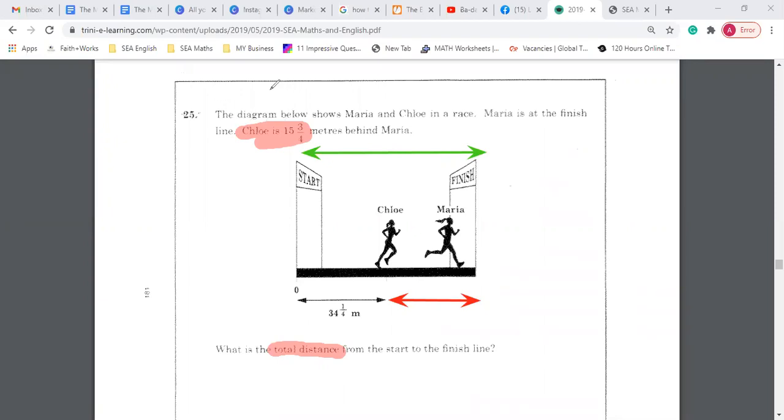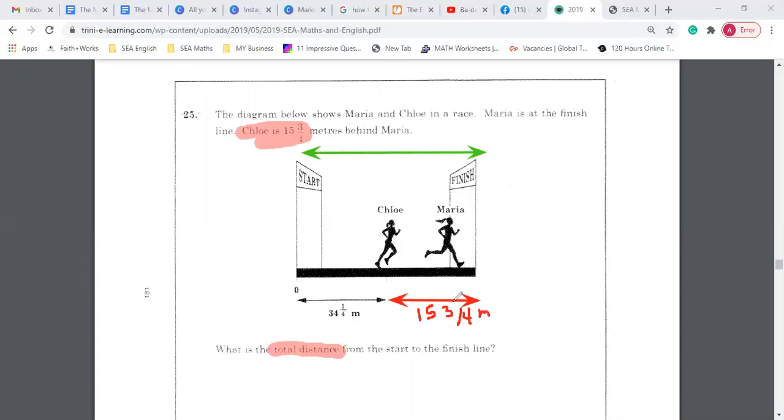Always read your question, highlight the important information. The question is like clues, and you have to piece them together. So they gave you the clue that Chloe is 15 3/4 meters behind. So this distance between Chloe and Maria is 15 3/4 meters.